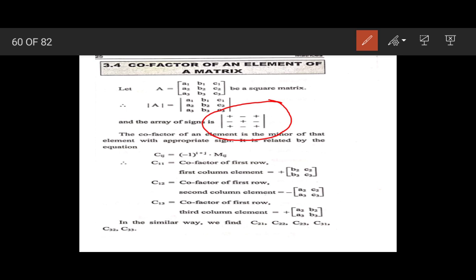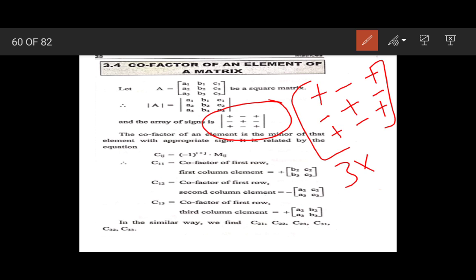Starting with plus, minus, plus, then after plus the next sign will be minus, alternate sign, then plus, then minus, after minus the next will be plus, then minus, then plus. This is for a 3 by 3 matrix, so the sign will be alternate for a 3 by 3 matrix.